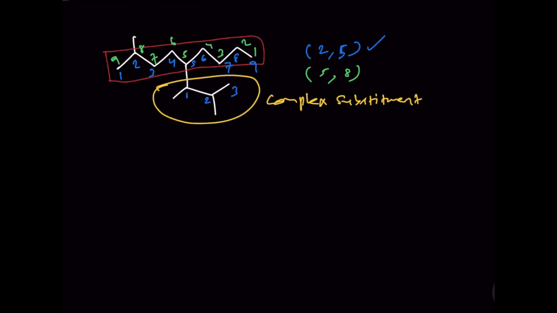One common mistake students sometimes make is they start numbering from here. They think that this butyl chain is the long chain here. No, you always have to start your numbering where the branch is attached, where the entire group is attached. So, that is where you need to start.